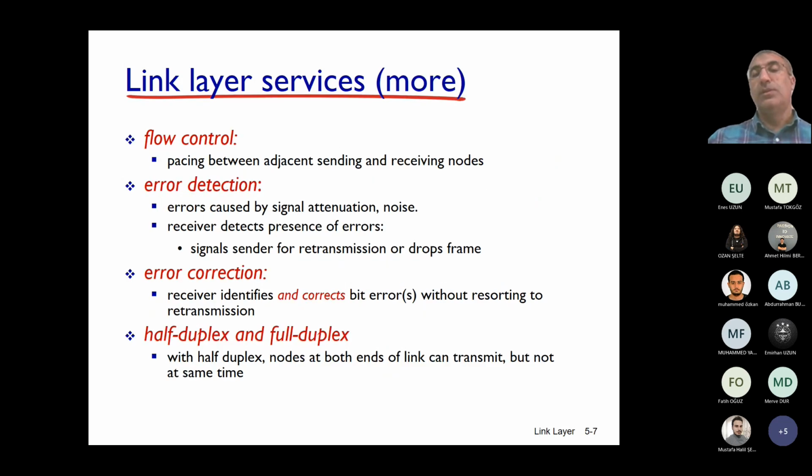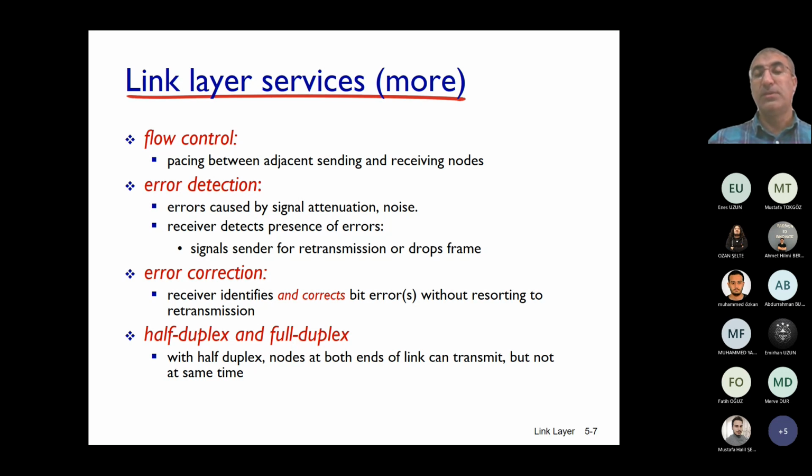So let's continue on services at this link layer. It provides flow control between the adjacent sending and receiving nodes. And it provides an error detection mechanism. You know, guys, that bit errors are caused by signal attenuation during the propagation of the signal in the environment, as well as the noise generated by the devices.